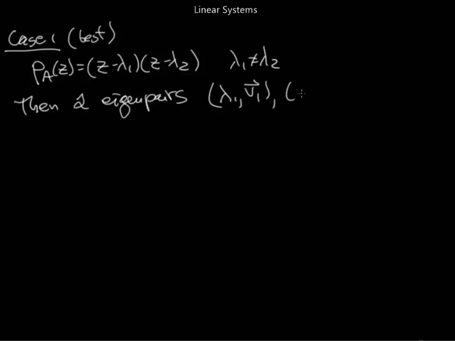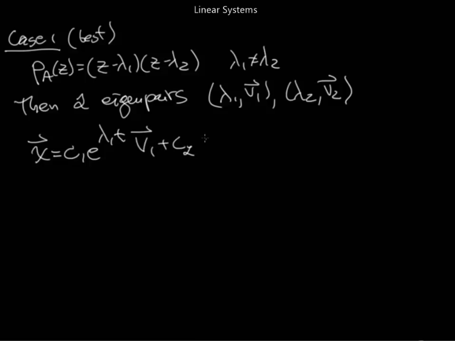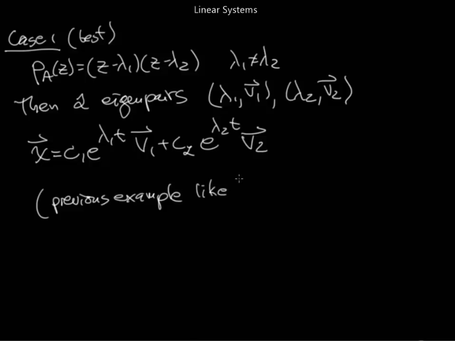So you have two pairs, lambda 1, v1 and lambda 2, v2, and then the general solution to the equation is simply c1 e to the lambda 1 t v1 plus c2 e to the lambda 2 t v2. When you see a 2x2 system, you hope it's like that, because it's the simplest case. The other cases aren't terrible, but this is the simplest one.